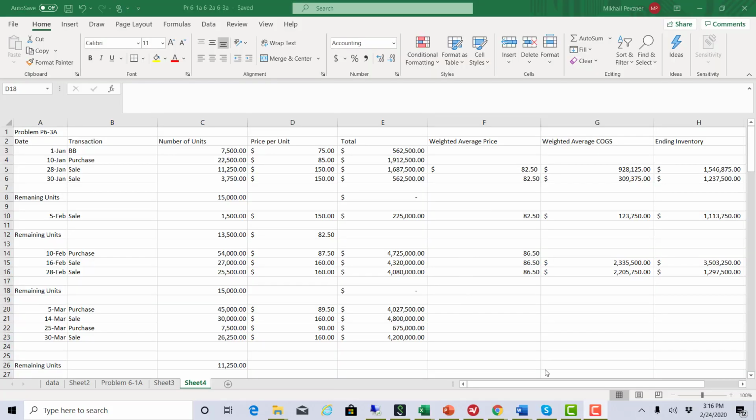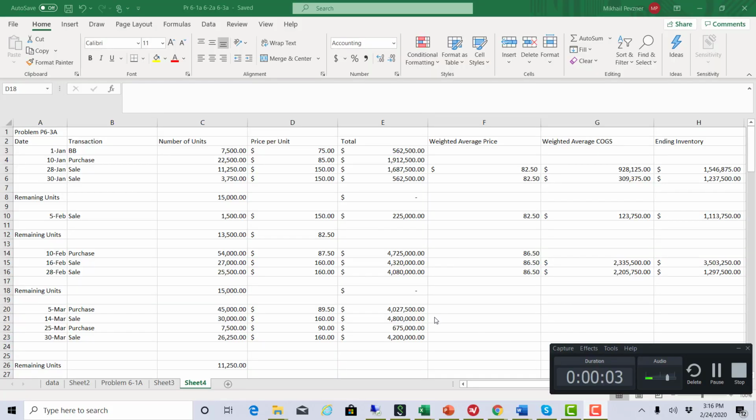Moving on to March, we have another purchase of 89.50. So we need to recalculate the weighted average price. Right now we have 15,000 units before this purchase sitting at the average price of 86.50. So what's it going to be?